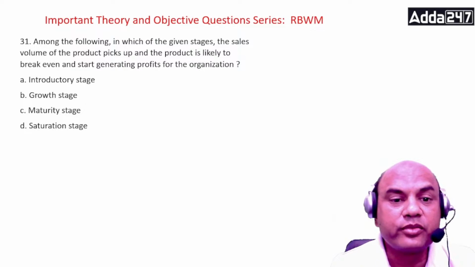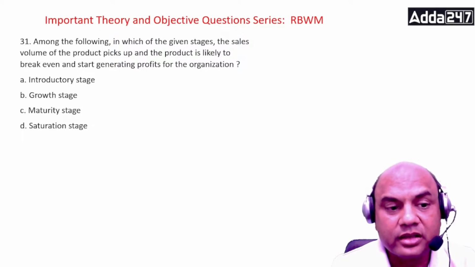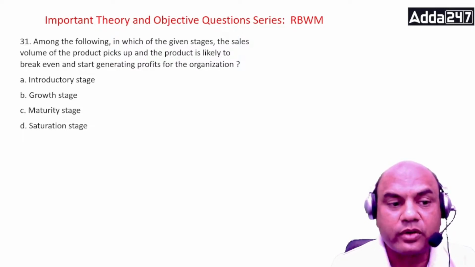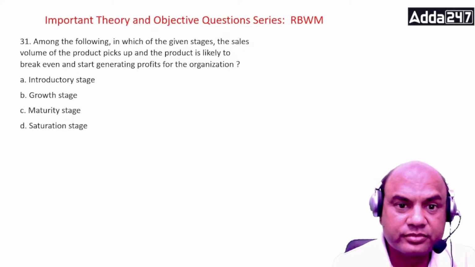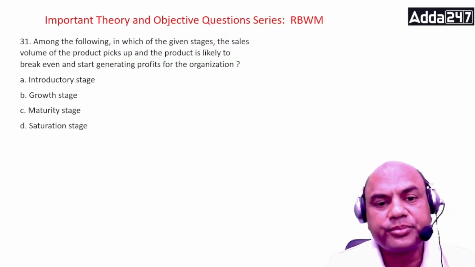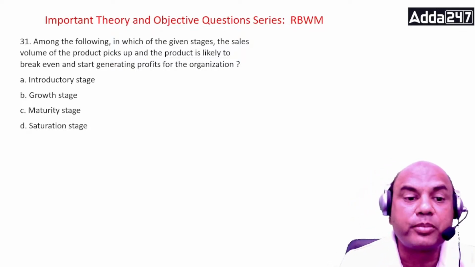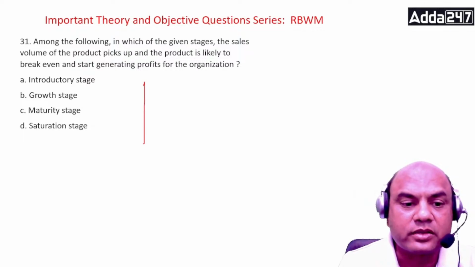Among the following, in which of the given stages the sales volume of the product picks up and the product is likely to break even, start generating profits for an organization? Firstly, what are we talking of over here? We are talking of PLC, product life cycle. What is PLC? Look at this.